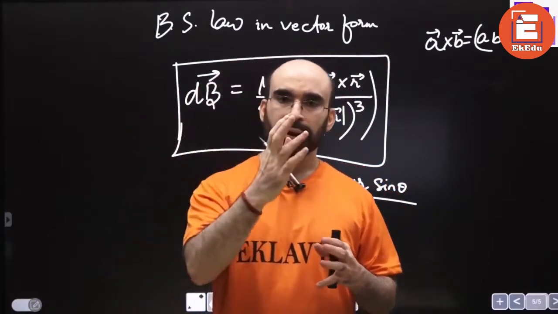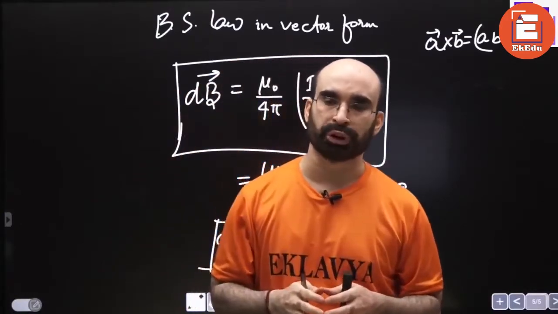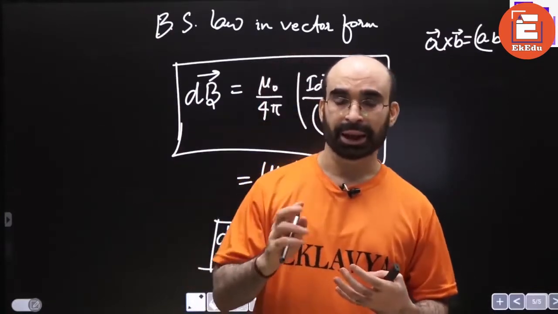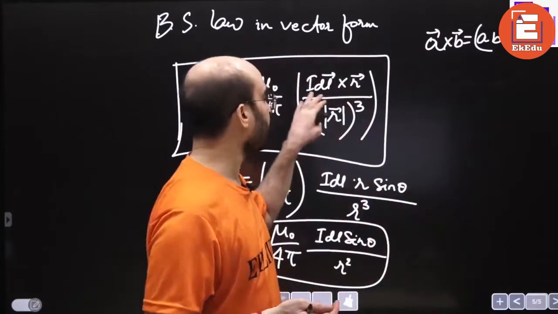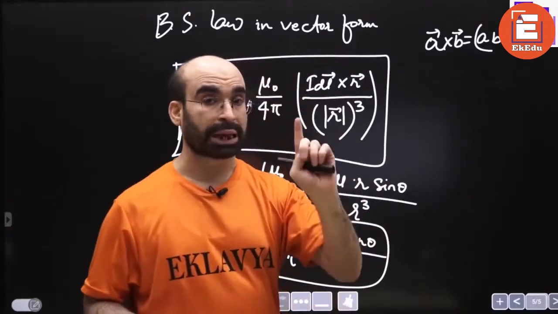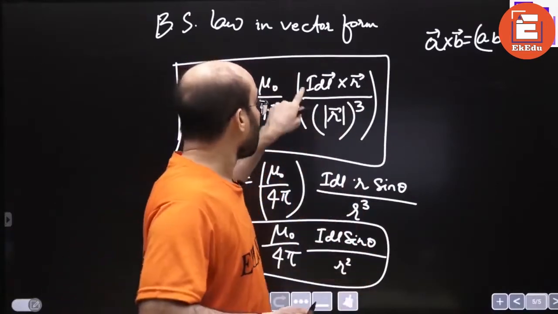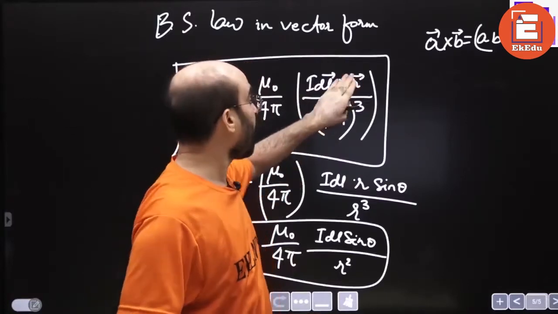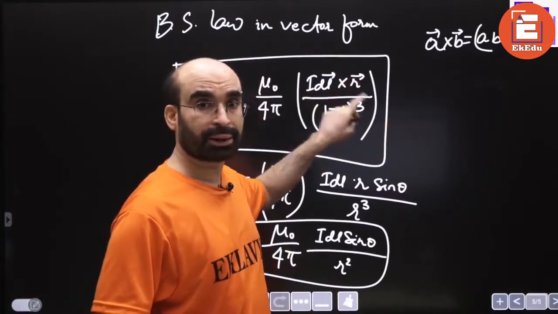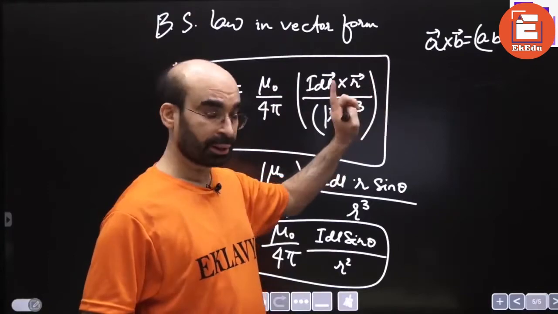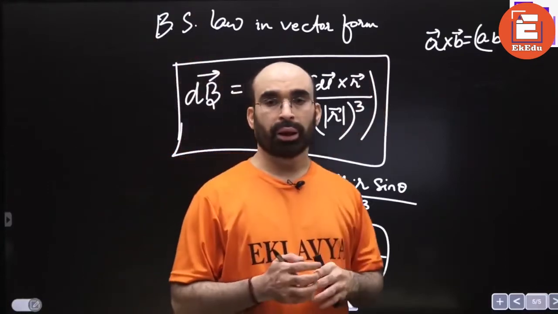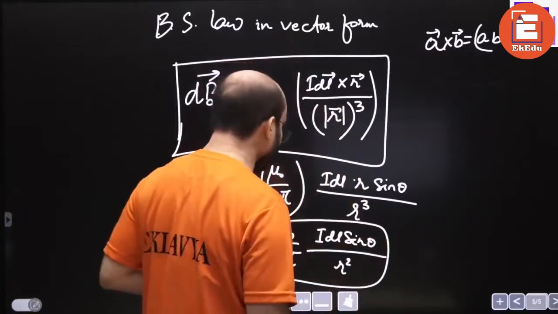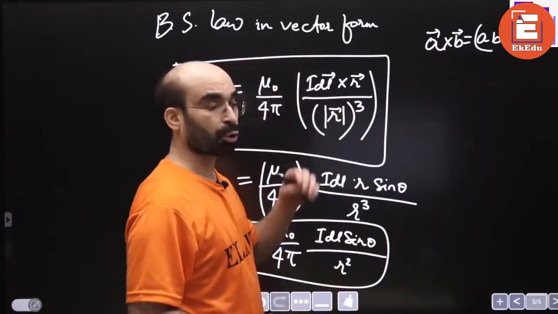This is a vector, which means it is a cross product of two vectors. Which two vectors? Idl and r, the cross product of Idl and r. Keep note of it, this sequence is important. It's not r cross Idl. It is Idl cross r.